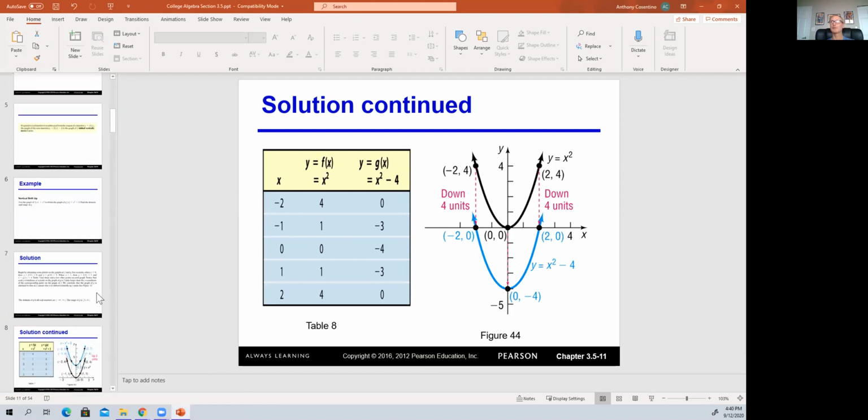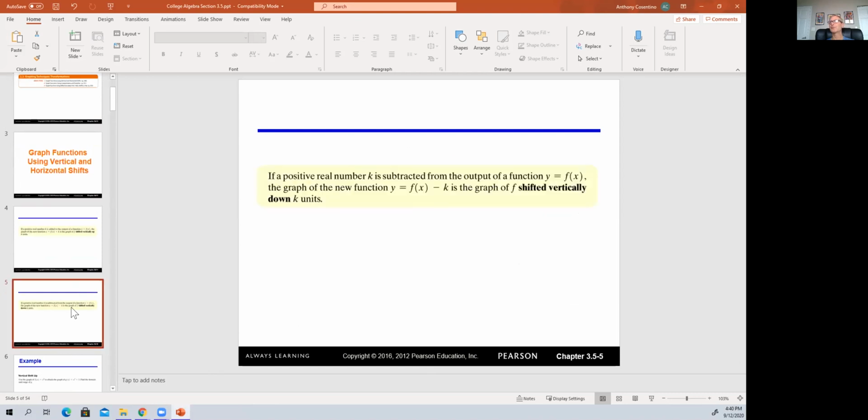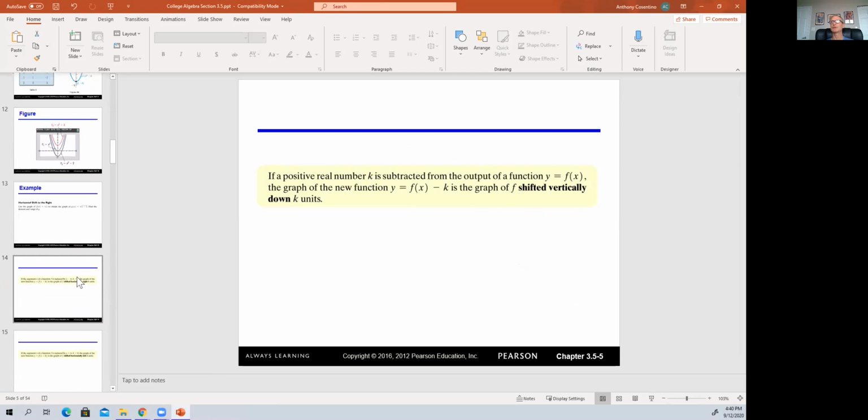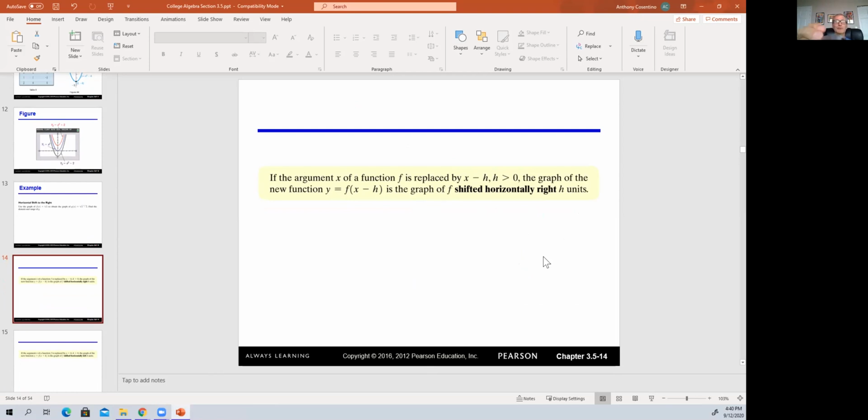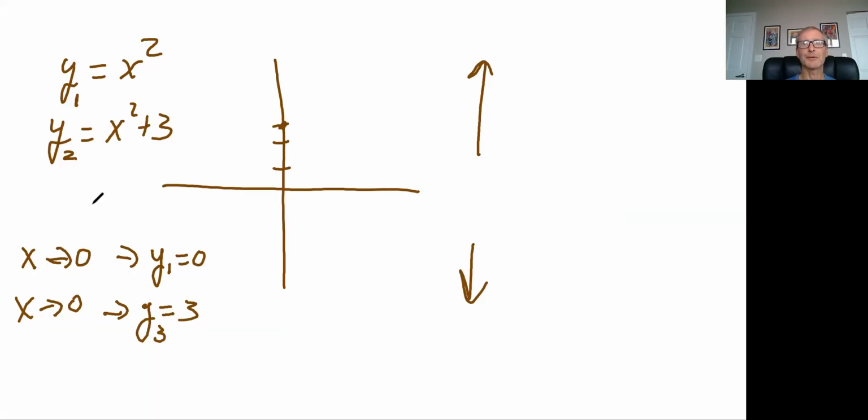The horizontal is a little bit trickier, because if we talk about a horizontal shift, now instead of moving the y's, we're moving the x's, right? Because when we do horizontal, now we're going this way, right? Either going to the right or to the left.